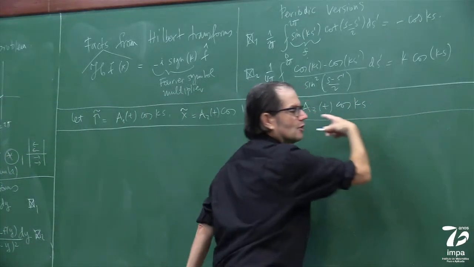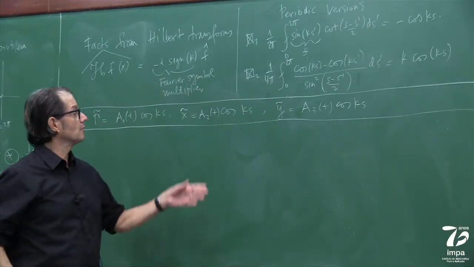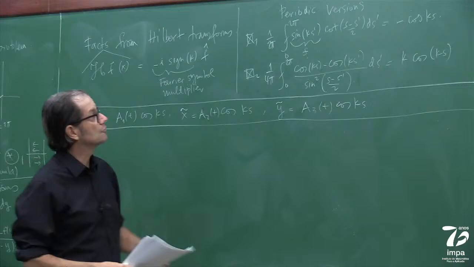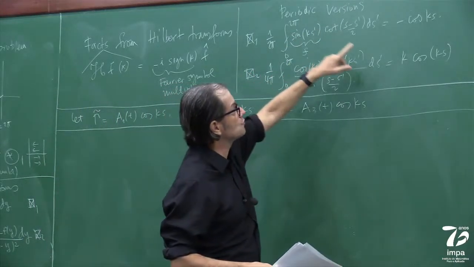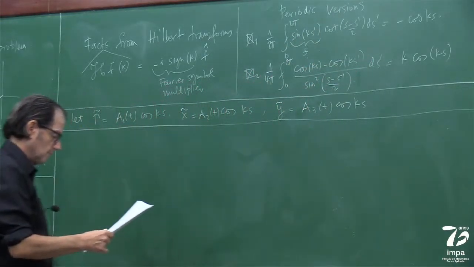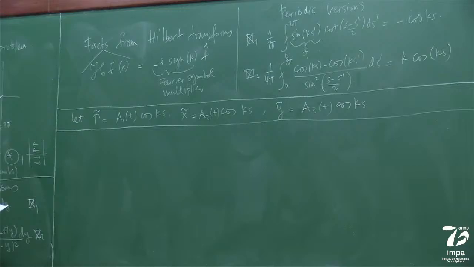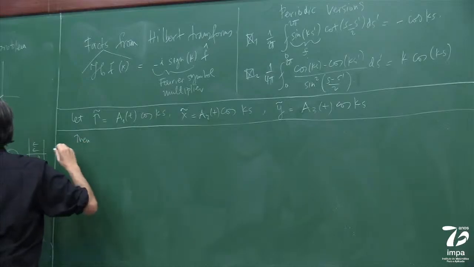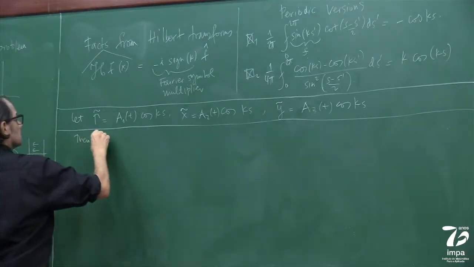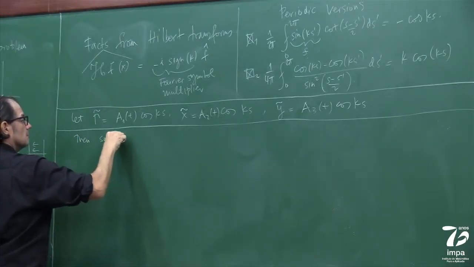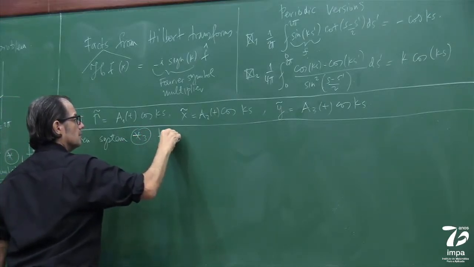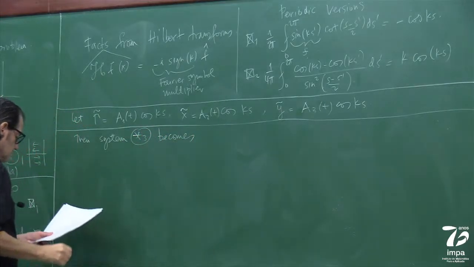You can repeat the calculations we're going to do now with the sine. It's going to be basically the same thing, right? You just have to check what happens with the cosine here. It changes just a little bit, but it doesn't really matter. So if we do this, then system 3 becomes this.